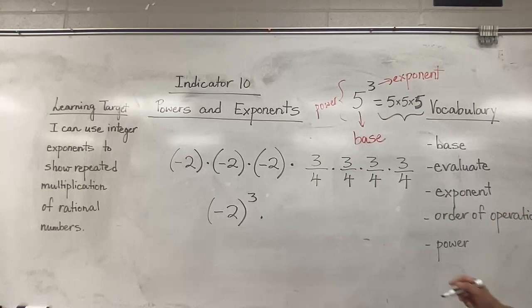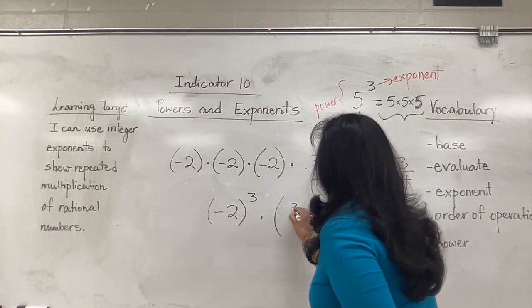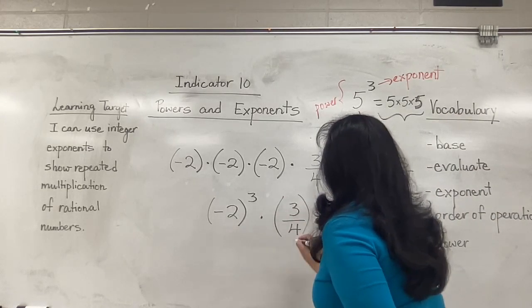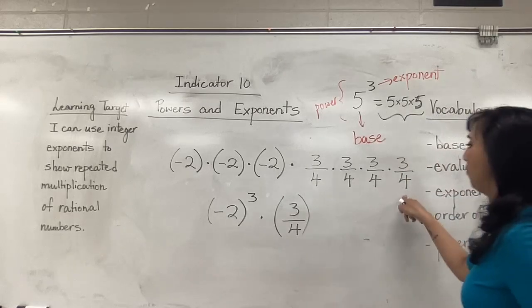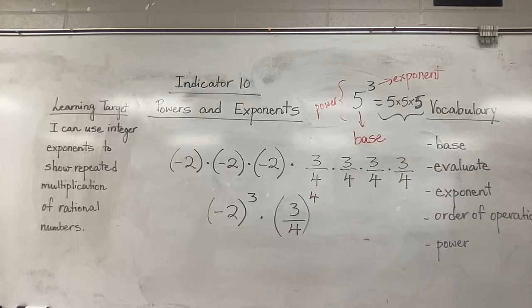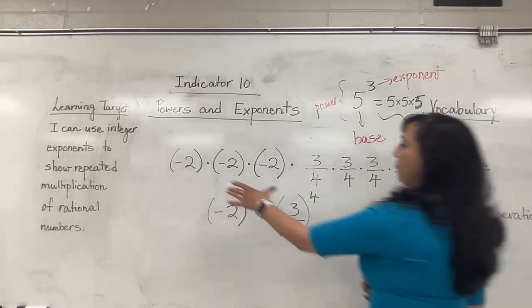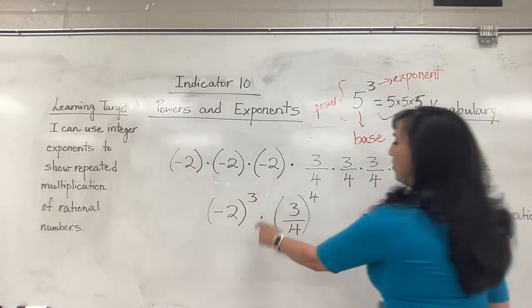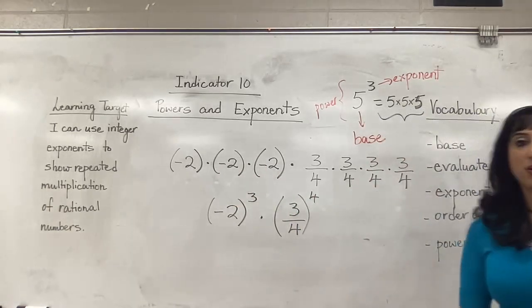Then I'm going to look at how many 3/4 do I have. 1, 2, 3, 4. So to the fourth power. So when I write this, we just count how many of each factor there are, and that becomes my exponent.